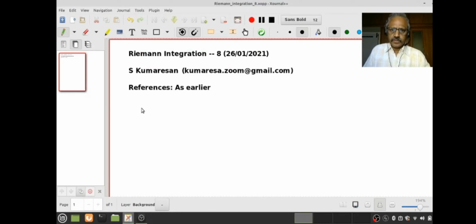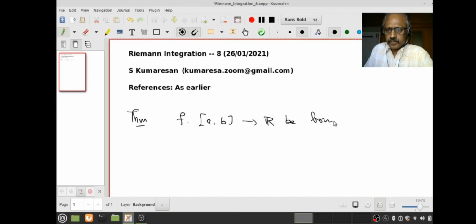So the theorem we want to prove is the following. Let f from [a,b] to R be bounded, alpha from [a,b] to R increasing, naturally it's bounded.